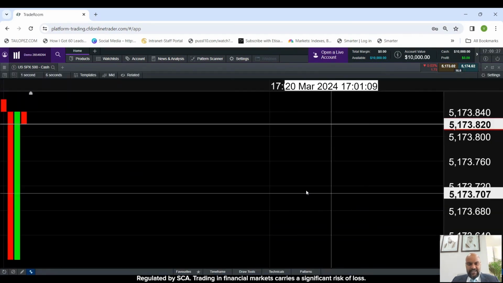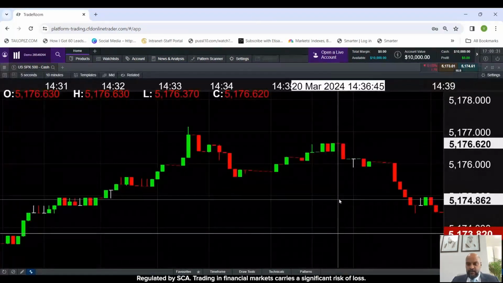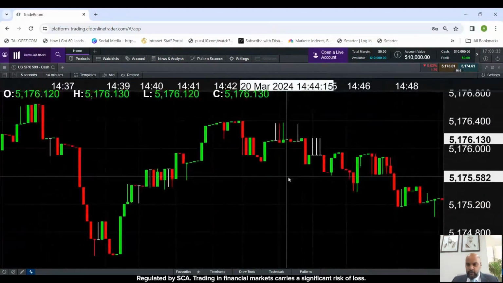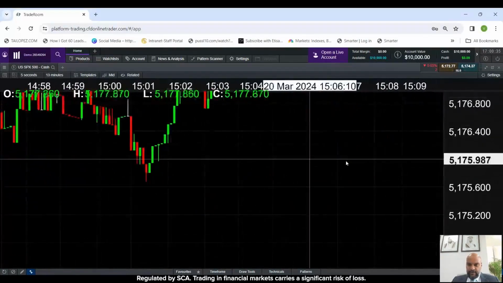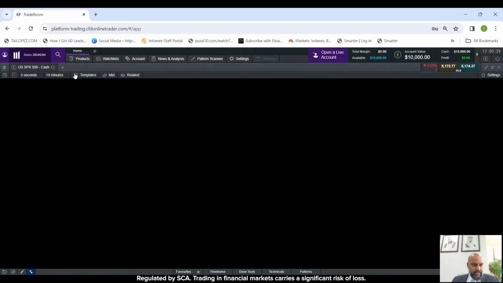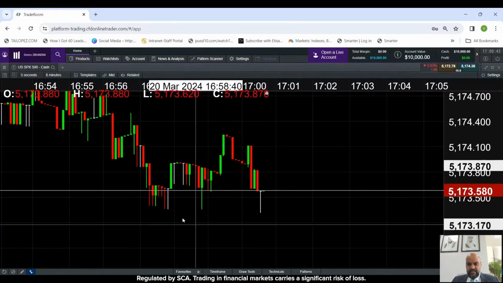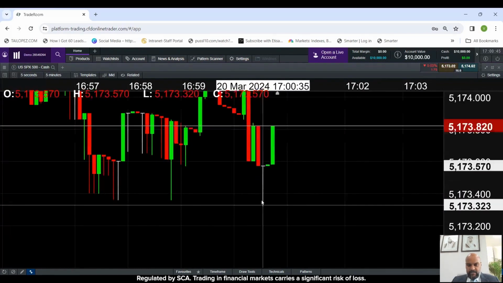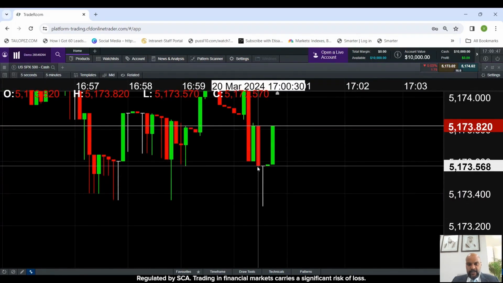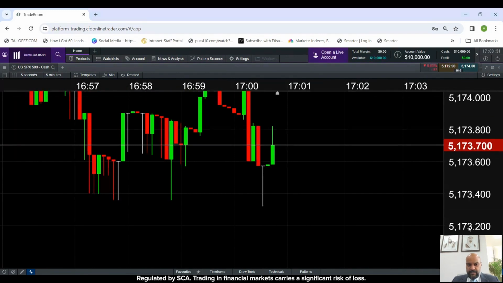I'm just going to put a 1 second candlestick. Sorry, let's make it a 5 seconds candlestick to understand how the candlesticks are forming. This is for people who are just new. Let me change. Yeah, this is 5 seconds. You can see this particular candle has a very long tail. It opened and closed at the same price, hence you see a long tail only.